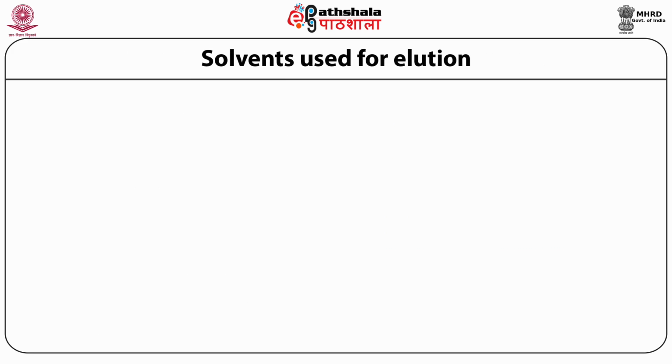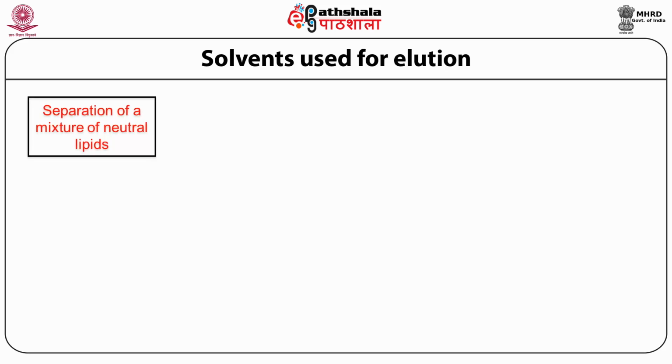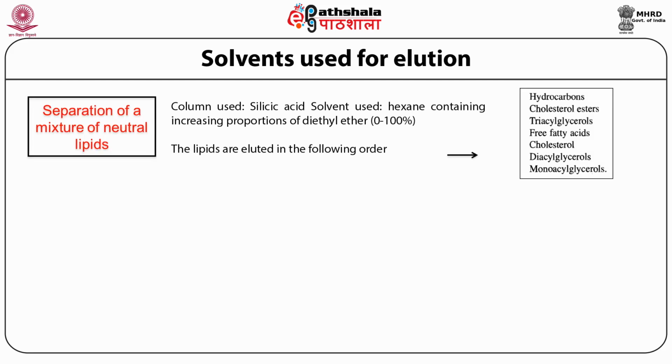There are different kinds of solvents that can be used for eluting different types of lipids. Here you see that if you have to separate a mixture of neutral lipids, the column used would have silicic acid as the stationary phase, and the solvent that you would prefer to use would be hexane, which is nonpolar, containing increasing proportions of diethyl ether, in a range of 0 to 100%.